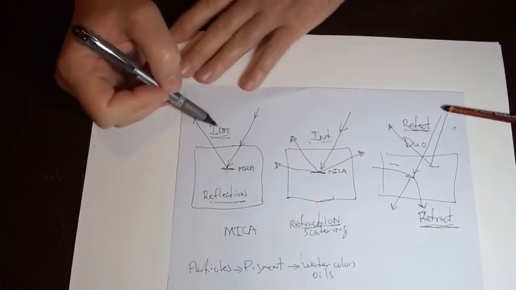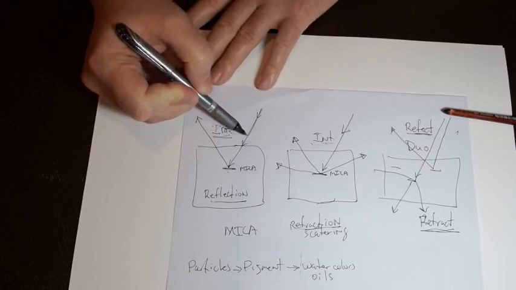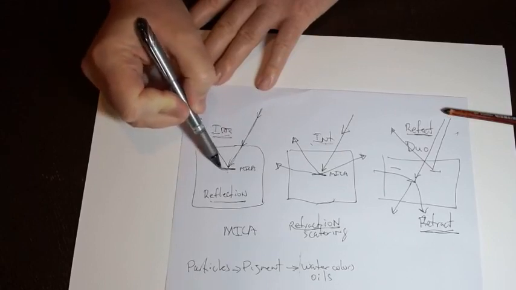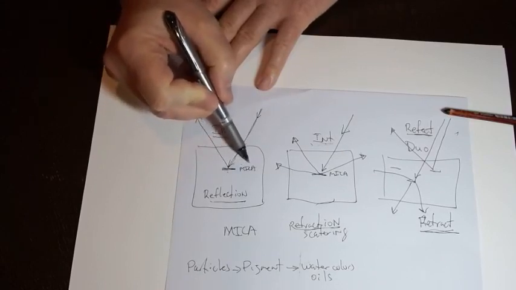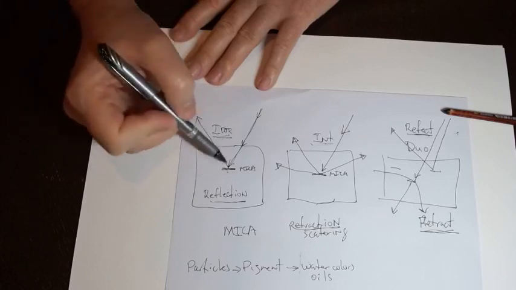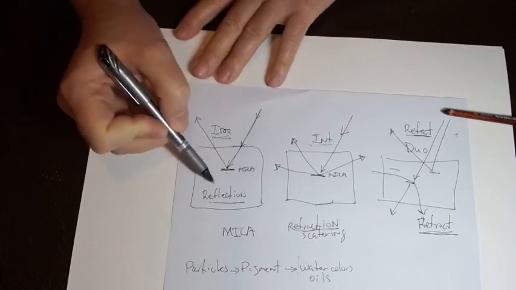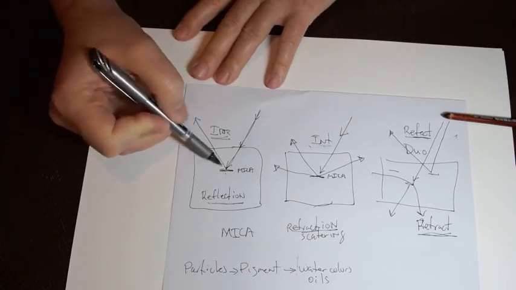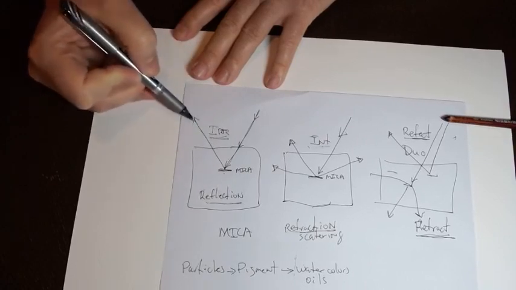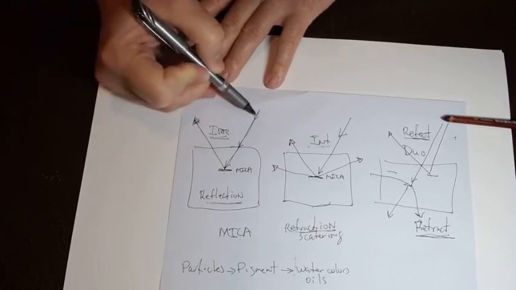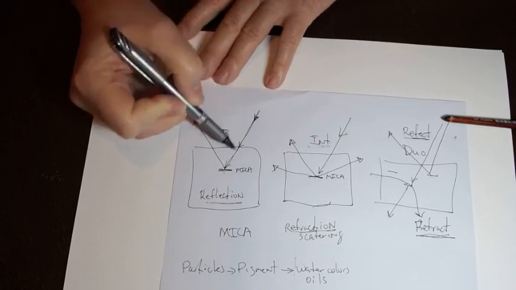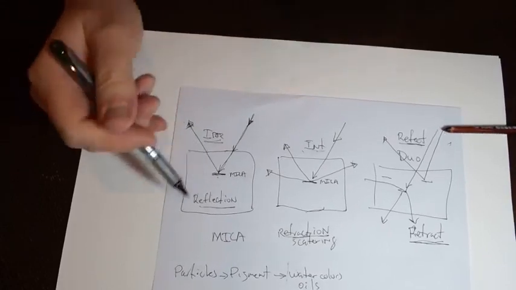What happens for the iridescent is the light wave comes in, encounters either that mica, M-I-C-A, or a silica, and it hits it and reflects back. So iridescents are all about reflection, coming in, bouncing, and coming back out.